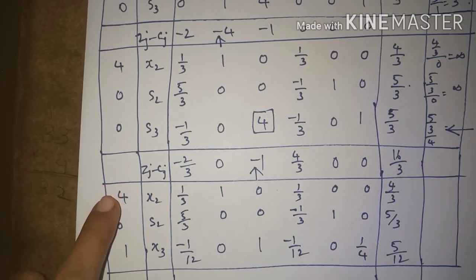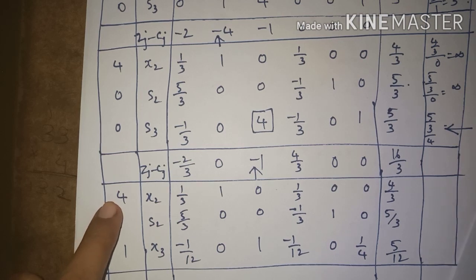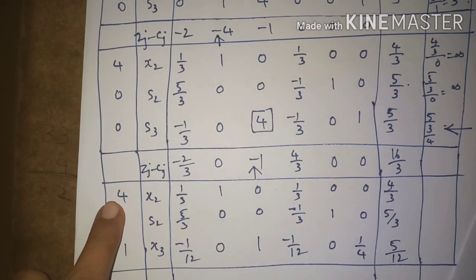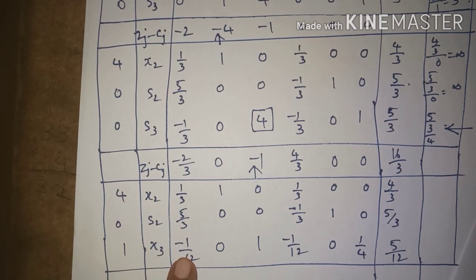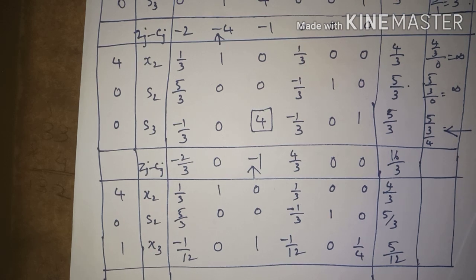Fractions are there, so do the simplifications carefully. 4 into 1 by 3 means 4 by 3, plus 0 into 5 by 3 is 0, plus 1 into minus 1 by 12 is minus 1 by 12, minus 2. How much will you get? LCM is 12. 3 4s are 12, 4 4s are 16, minus 1, minus 24.